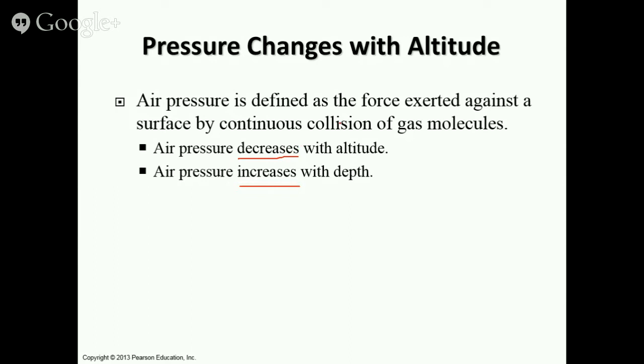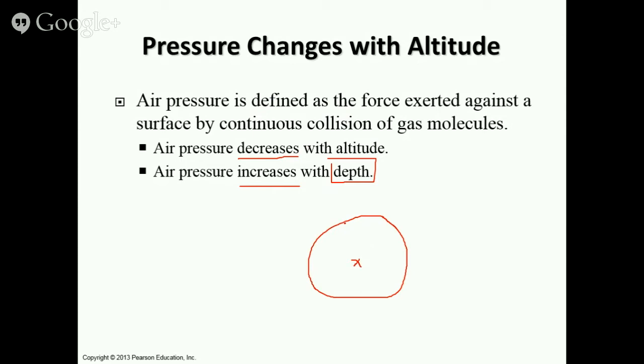What we're looking at here is the continuous collision of gas molecules as a definition of air pressure. When we have more gas molecules packed closer together because we have a greater force of gravity, because we're deeper in the atmosphere, closer to the surface of the Earth, then we have a system that works. Imagine this being the circle of the Earth, not very well drawn, but overall, gravity wants to pull you right toward the center of that.